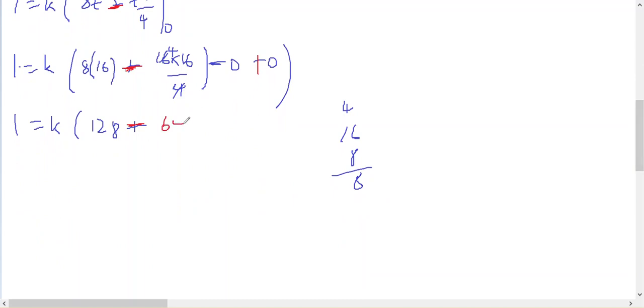So I've got 64, 1 equals 64k, k equals 1 on 64, shown.